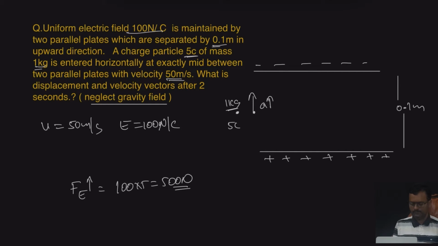So F is equal to what? ma. Acceleration is in the upward direction, that is 500. Mass is given as 1 kg, so acceleration is 500 meter per second square. The question is asking in vector form.